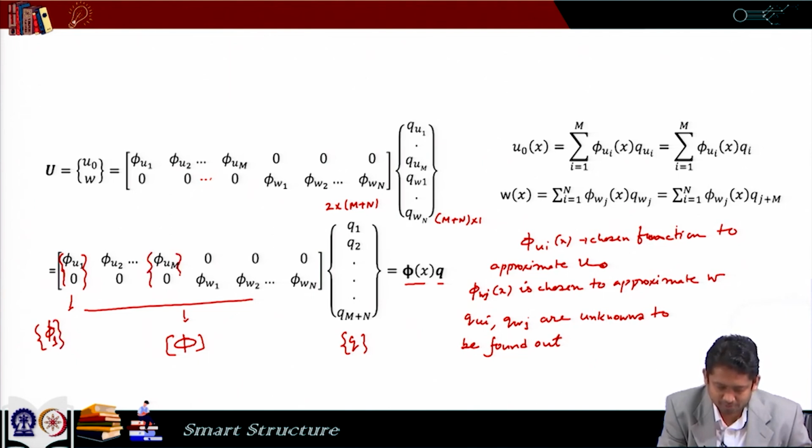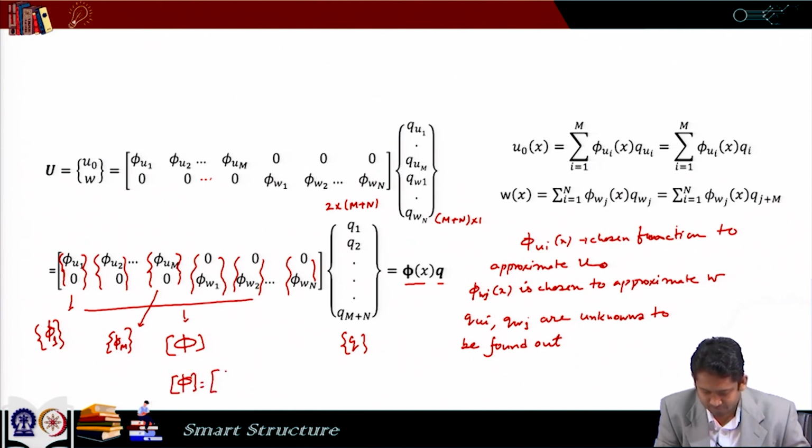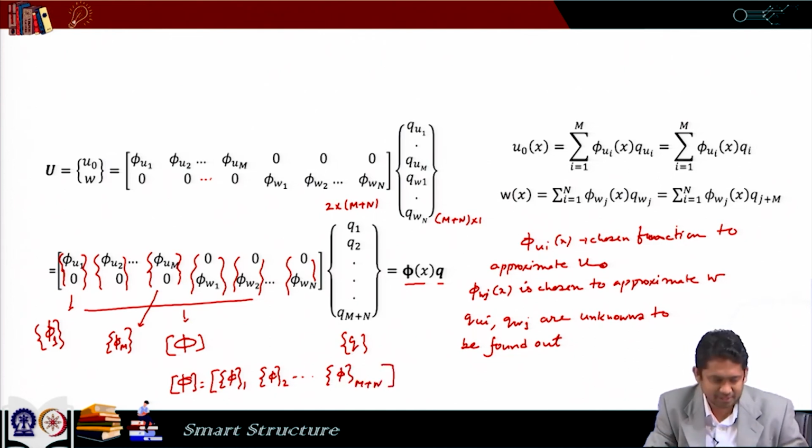So, this is our phi m vector, and we may call each of them a vector, and we can say that this capital phi matrix consists of all these small phi vectors.